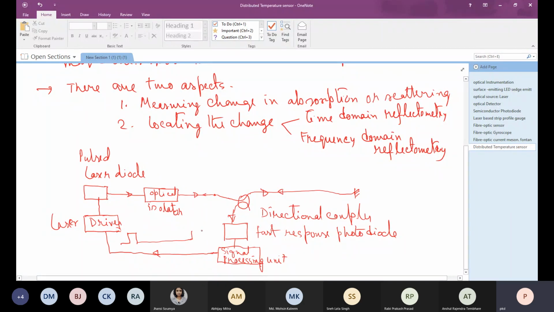That is, the distance that will be covered will depend on this. Suppose this could be 1 millisecond and this could be 0.1 nanosecond or maybe 10-20 picosecond or so.